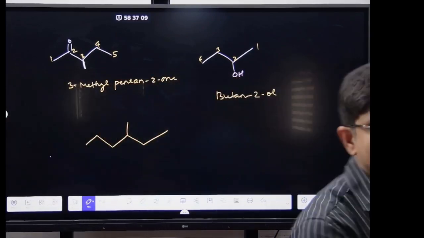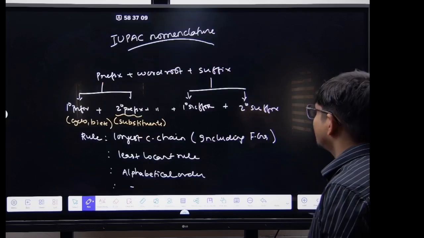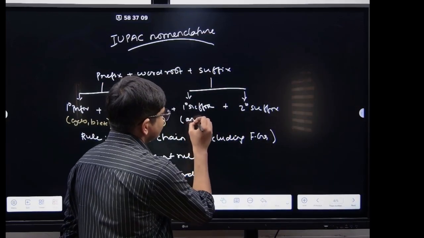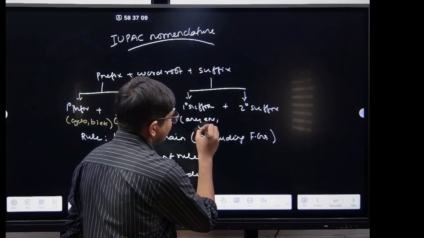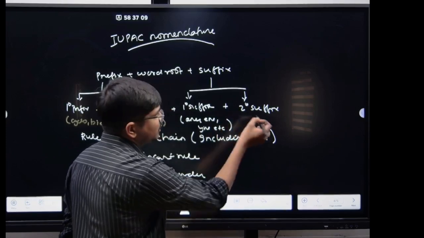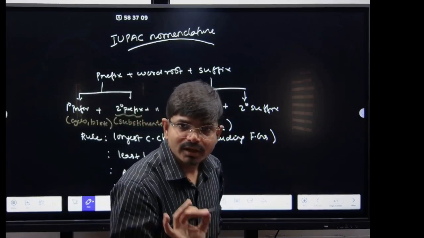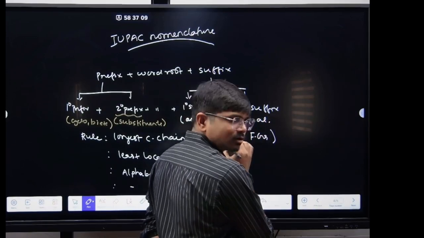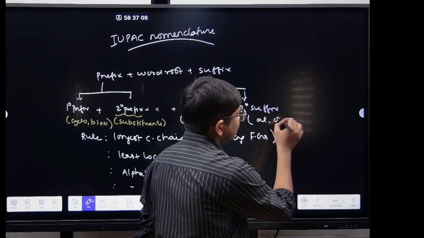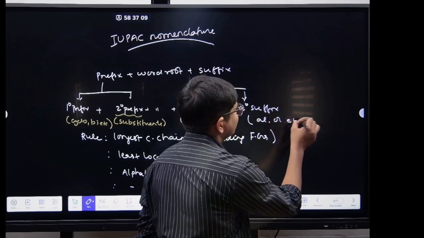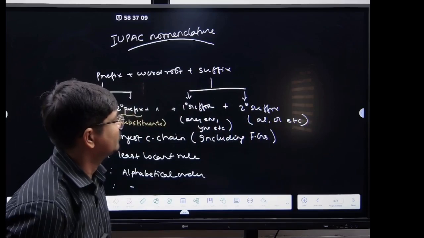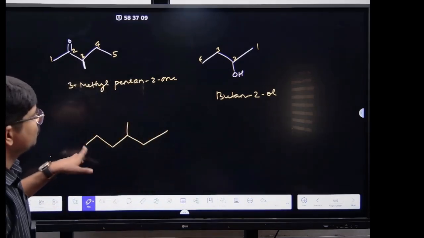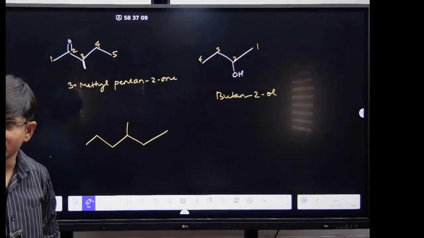In the primary suffix we have ane, ene, yne, etc. A secondary suffix means it ends with a functional group name, for example al and ol. In this case you have no functional groups.